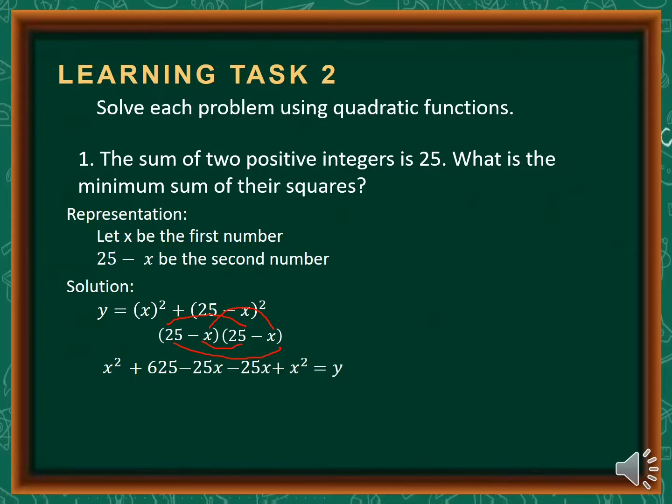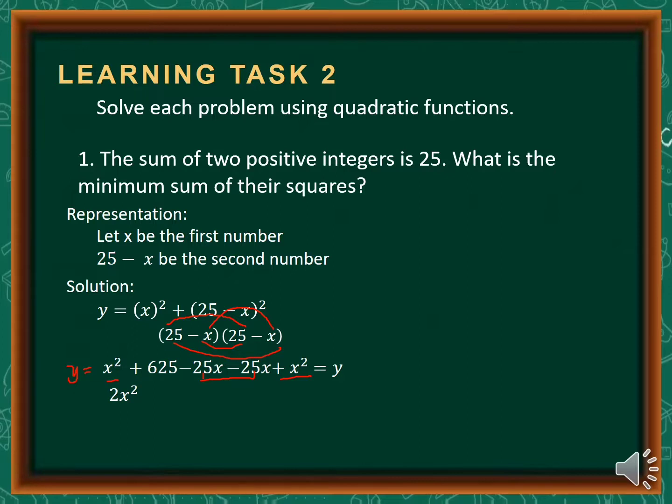So, equals to y natin. Okay, medyo napahuli lang yung y. Ano? So, pwede naman ganyan. Y is equal to, ano? Alright. Then, we have combining like terms. Ayan. Ito, magkasama. And then, x squared and x squared. Pagsamahin na natin. X squared plus x squared, that is equal to 2x squared.